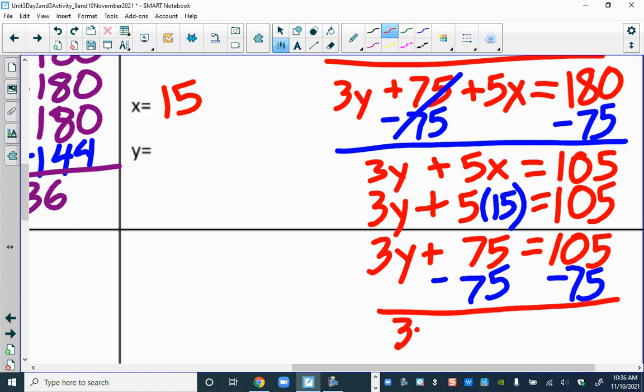We have 3y equals what number? 30. Okay, now I know where we're going to get the 10, Andy. You're right. And Valerie, you were right too. I heard you say it. 30 divided by 3 is 10. So in the end, the y will equal 10.